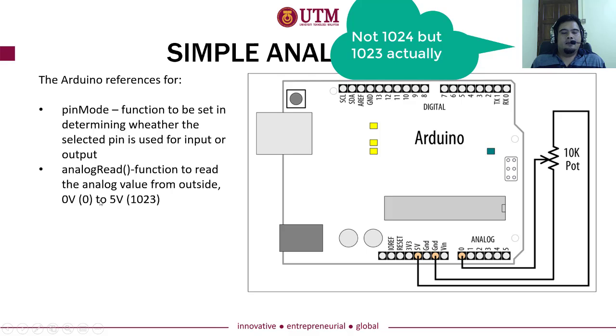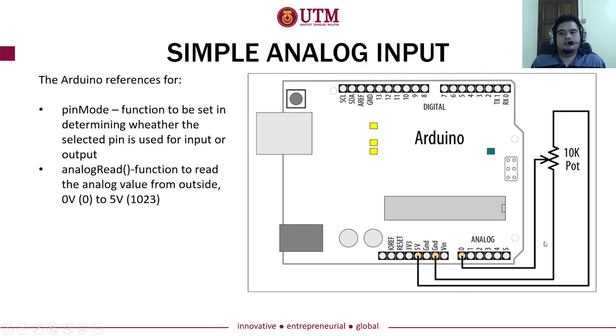So if the signal coming from this line into port A0 is 2.5 volt, then analogRead will return about 1023 divided by 2, so it's 500 something.